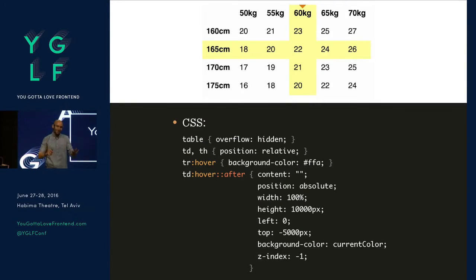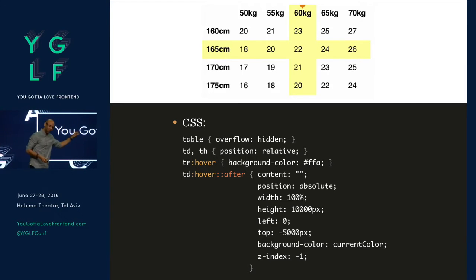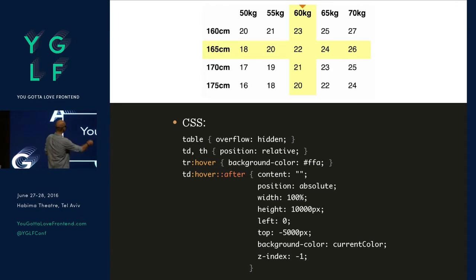Now, the first time I saw this in my life, I freaked out. Literally, because I didn't know that I could do this, right? But you can actually put a pseudo-class and a pseudo-element, or pseudo-element and a pseudo-class, and it actually works really well. So here's what we do. We put overflow hidden on the entire table. Then, obviously, we can use tr:hover on a row.